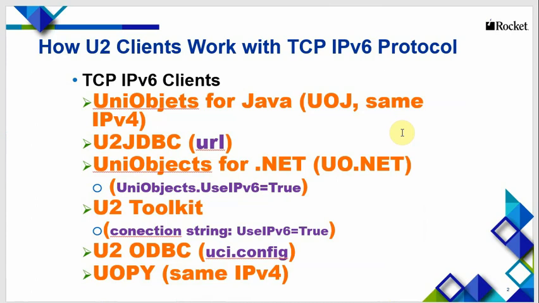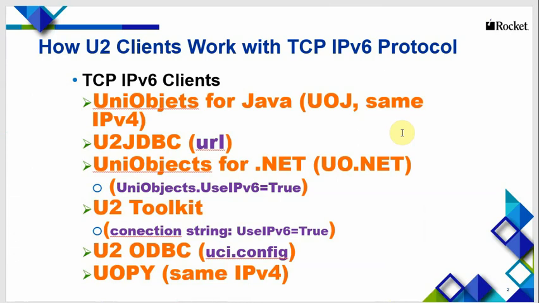But the next client, a public client, is the JDBC client. It will be a little bit different in the URL. I will show you later. For the .NET side, we have UO.NET and U2 Toolkit. They will be a little bit different in the program syntax.